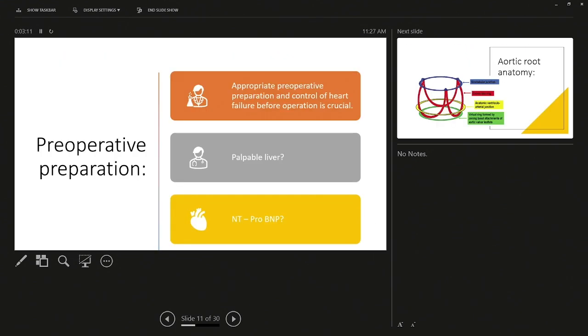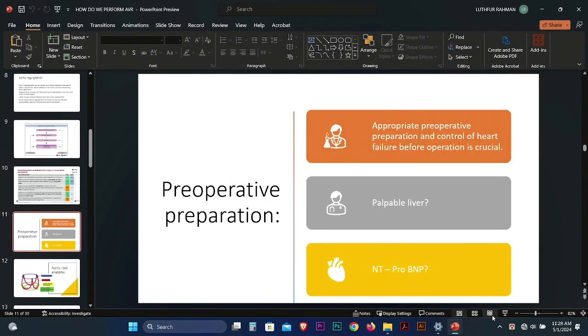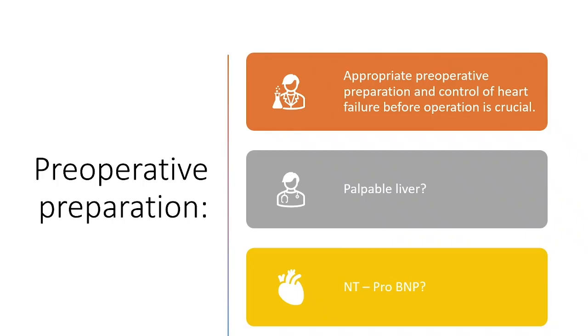Pre-operatively, as you know, in addition to the aortic valve problem, we miss something or the patients come late to us. They have palpable liver and a high proBNP. ProBNP is important because if you do the surgery after controlling the failure, the recovery is better, the patient does well, and the outcome is also good.